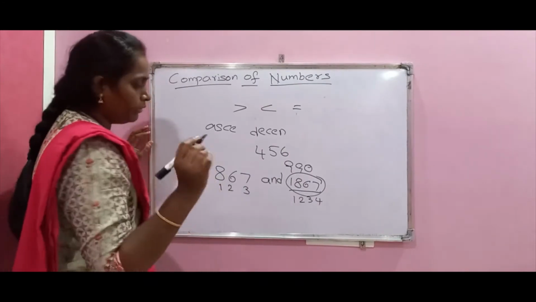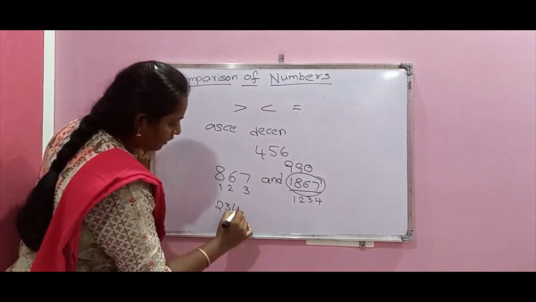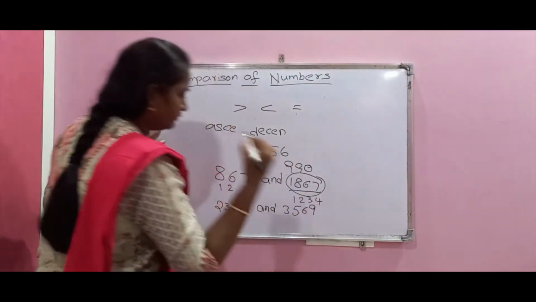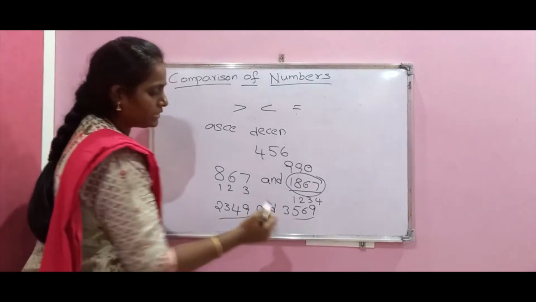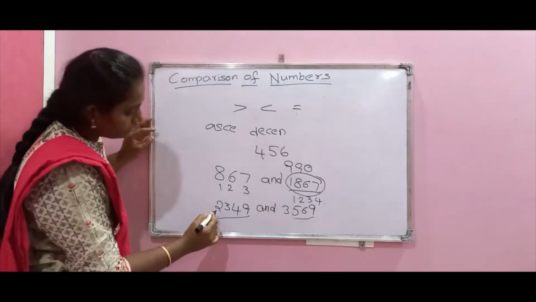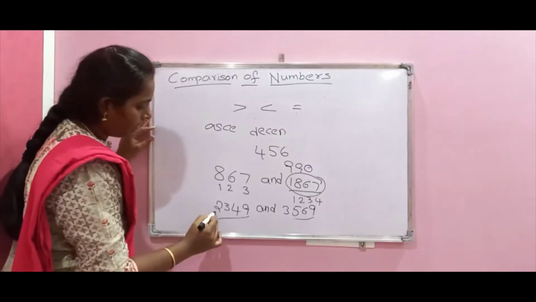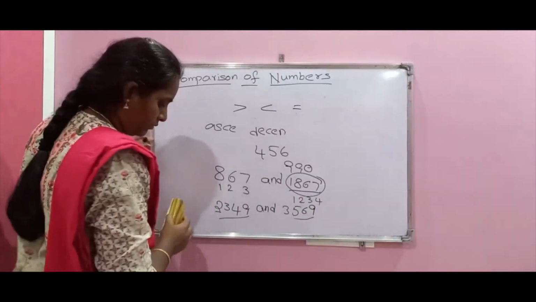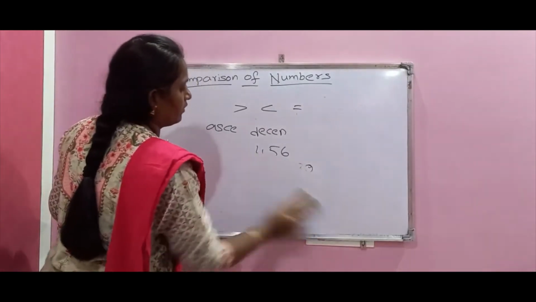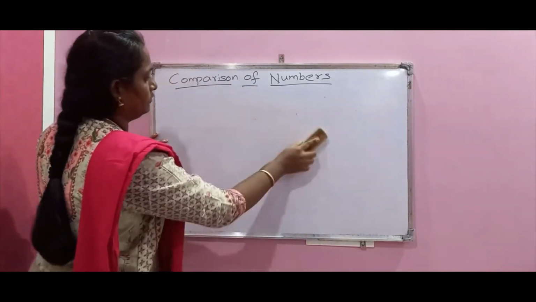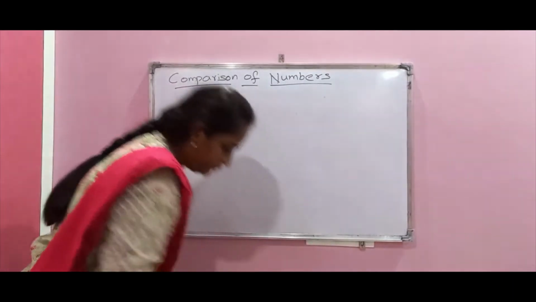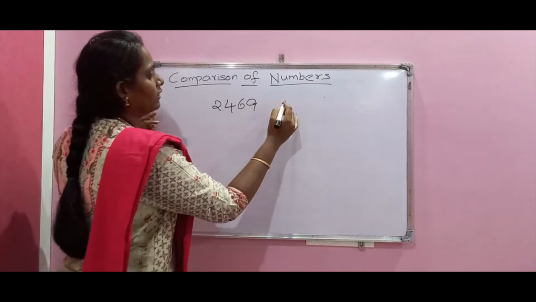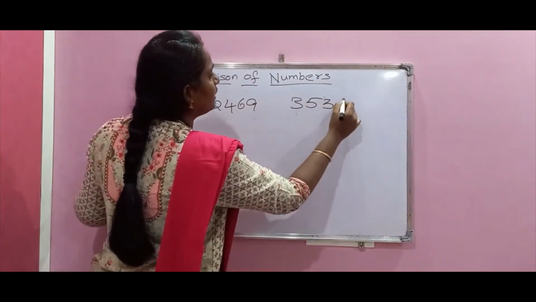And suppose they give 2349 and 3569. In these two numbers, which is the biggest number? First check. Here 2469, 3536.